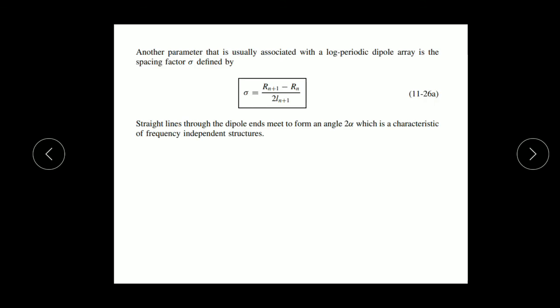Another parameter usually associated with the log periodic dipole array is the spacing factor sigma, defined by Rn plus 1 minus Rn divided by 2 Ln plus 1. Straight lines through the dipoles meet to form an angle of 2 alpha, which is the characteristic of a frequency independent structure.